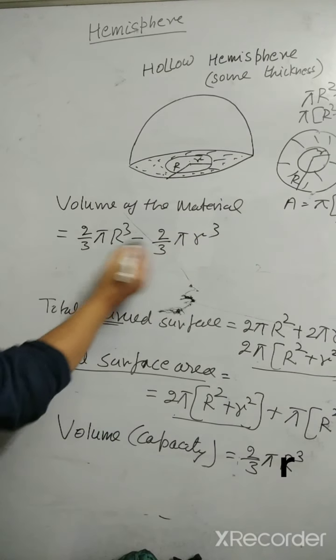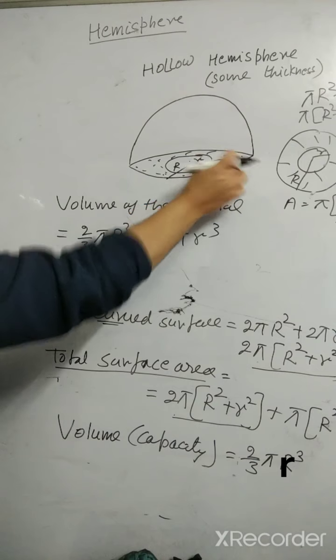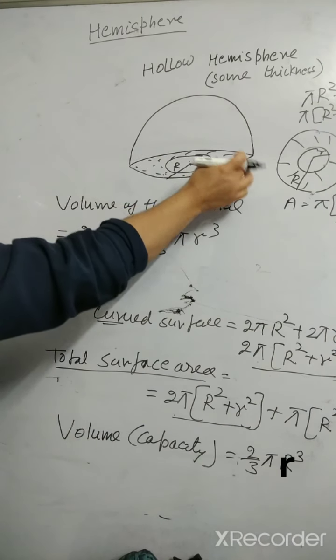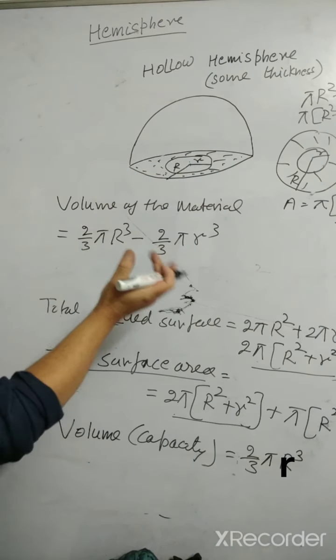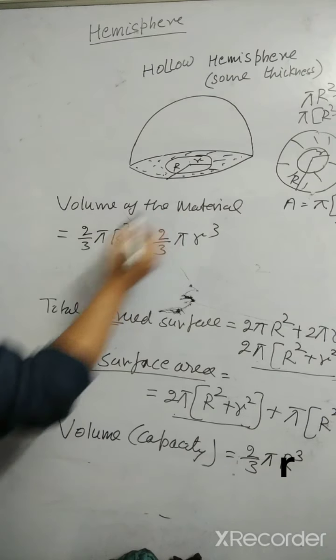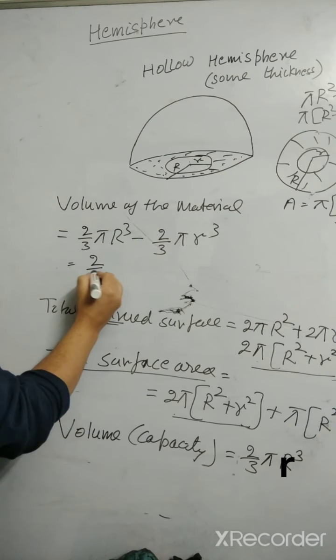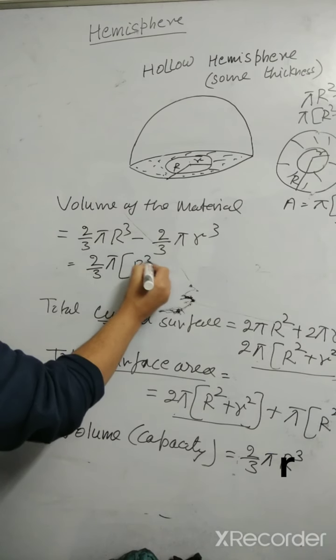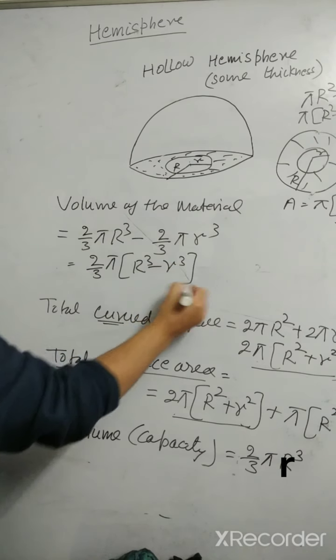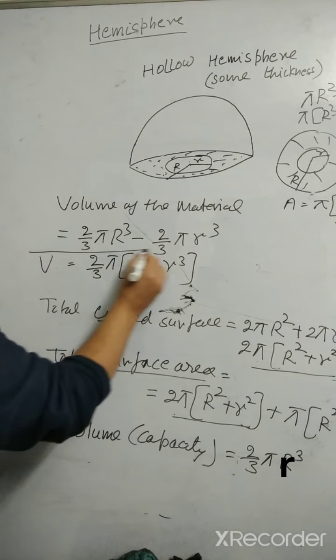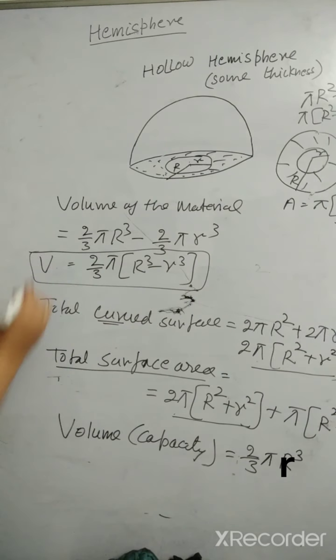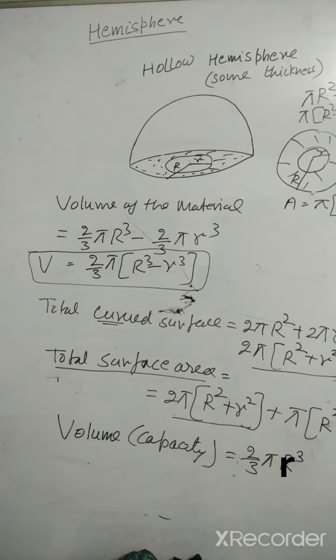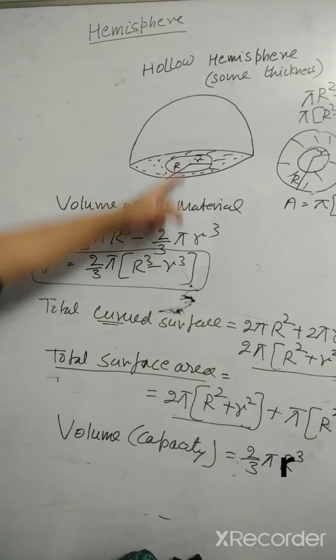So this will give you the remaining part of this hemisphere. What is the remaining part? It is solid, so you will get the volume of the material. So it will be 2 upon 3 pi, you can take common, R cube minus small r cube. So this will give you the volume of the material of which this hemisphere is made up.